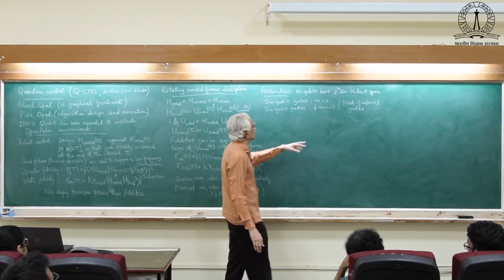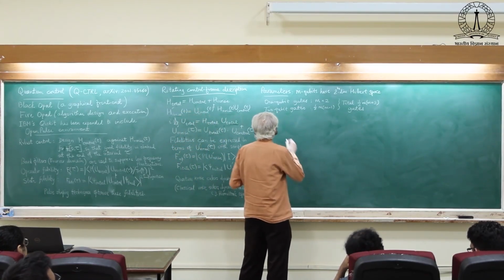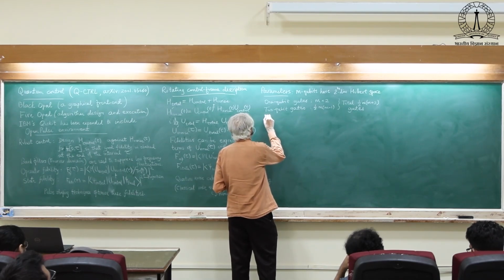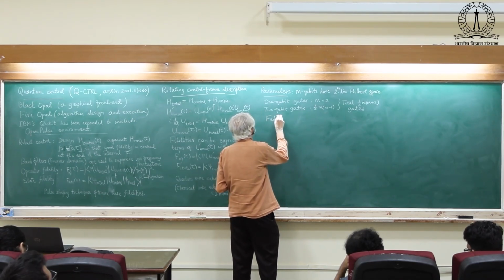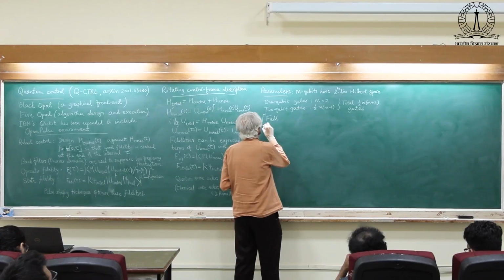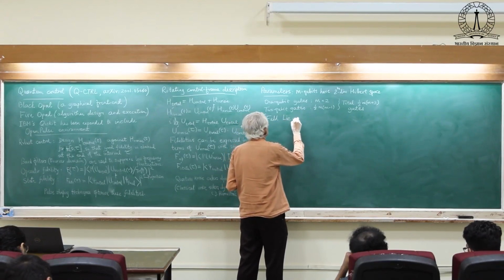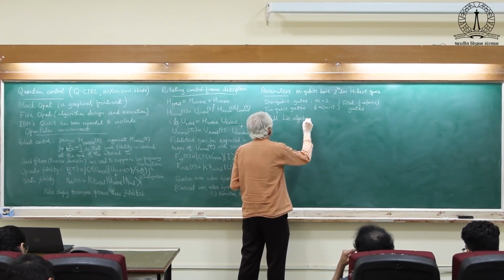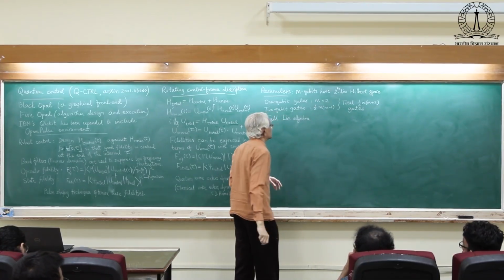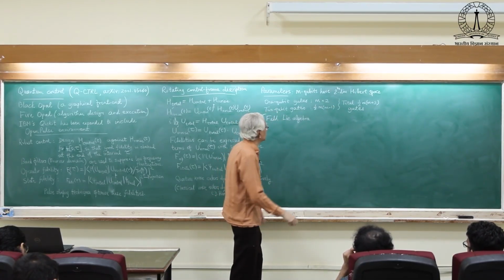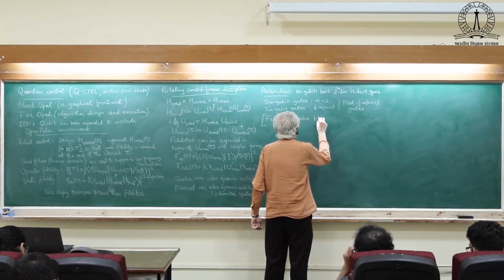The point is that the whole structure of the Hilbert space has too many parameters.